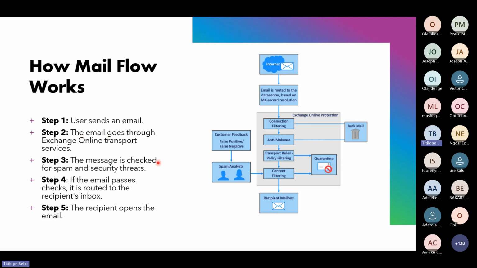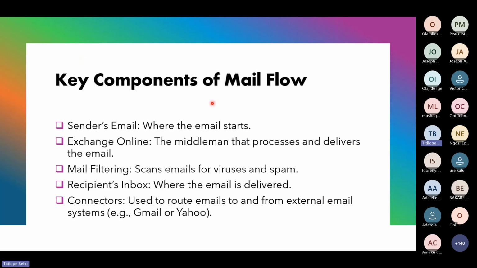Now, the message is checked within Exchange Online Protection, and once it's checked and is free of spam and any risk or threat, if the email passes all checks, then it is routed to the recipient mailbox, and the recipient or the receiver can now open the email and consume the content or the information of that particular email, right? That's simply how mail flows.